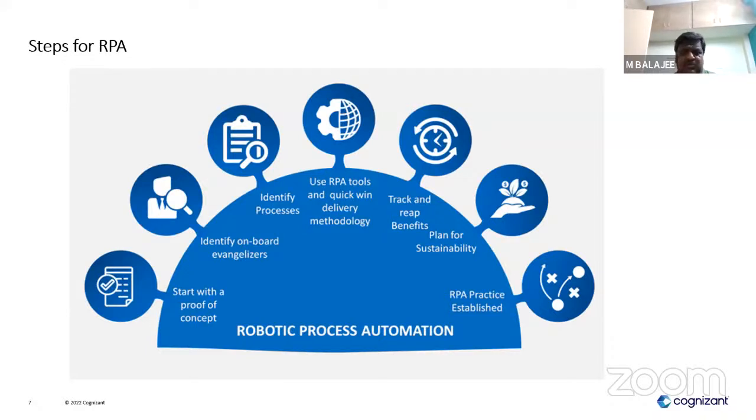That POC will be at a high level, not in detail. It will check whether we can get the data from this page, pass the values from this page to this page, and print the summary if needed.